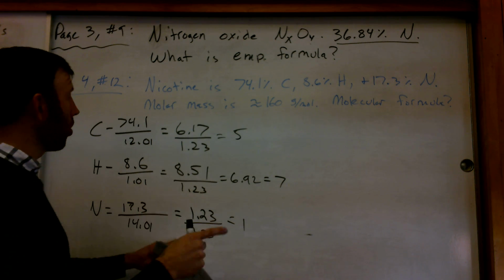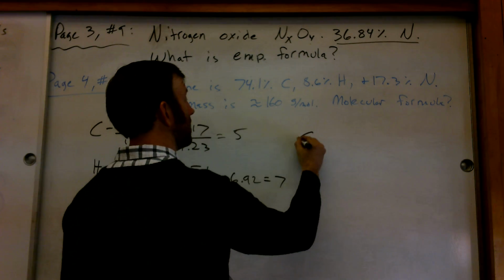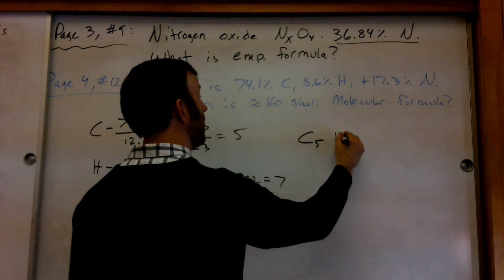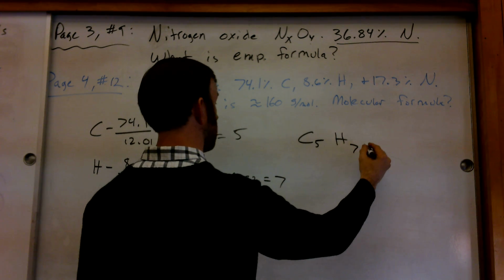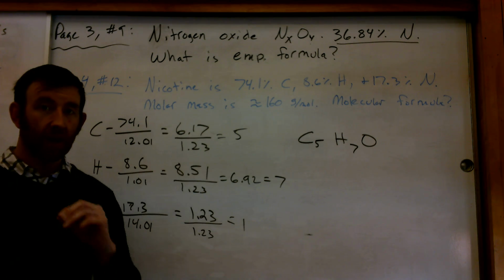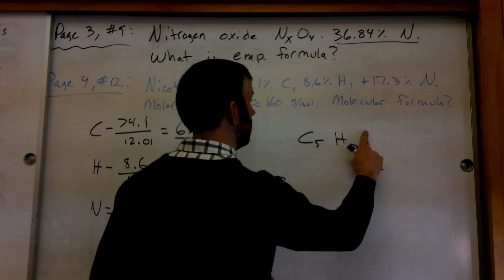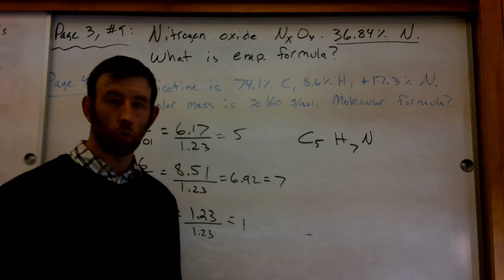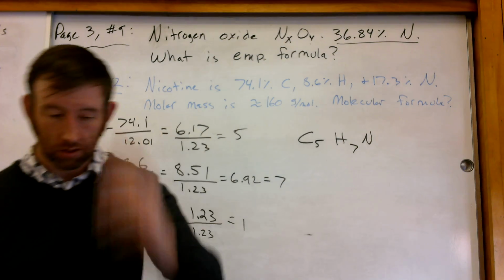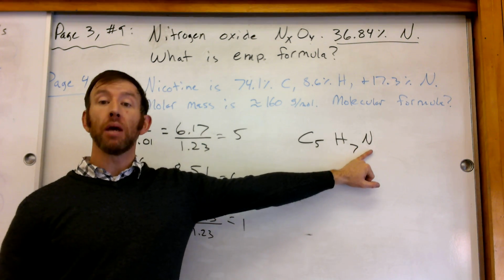Now I can get my empirical formula. It's going to be C5H7O. There's just 1 oxygen in that formula. Oh my goodness, not O, N. Close one. Nitrogen, not oxygen. So C5H7N is my empirical formula.